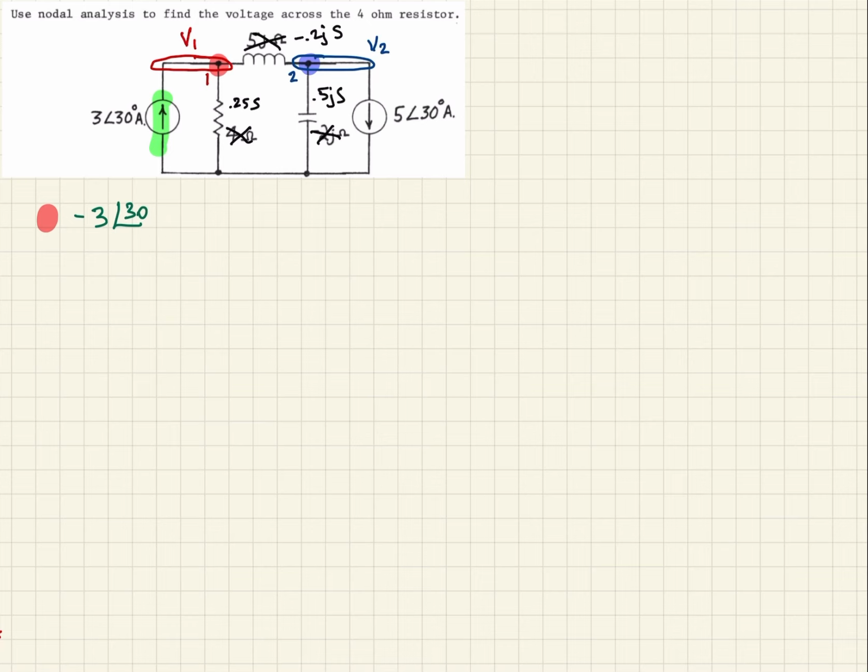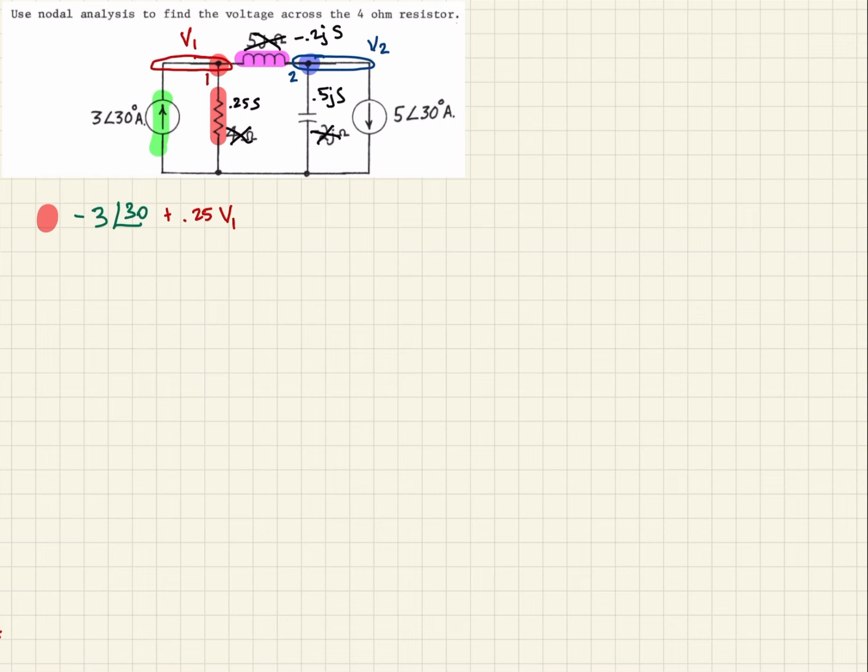And so next we have the resistor. Let's do that in red, since that's really what we're looking for. The resistor of interest is just the admittance times the voltage to give us the current, so it'll be plus 0.25 times V1. And then finally, we've got this component going in between, and that's going to be the difference in the voltages times that admittance.